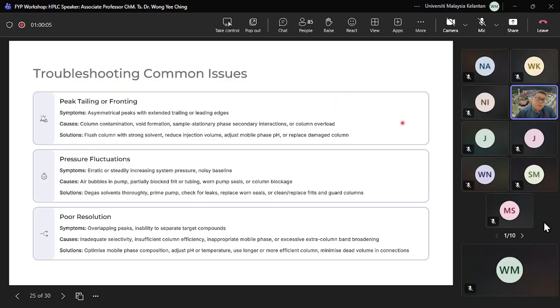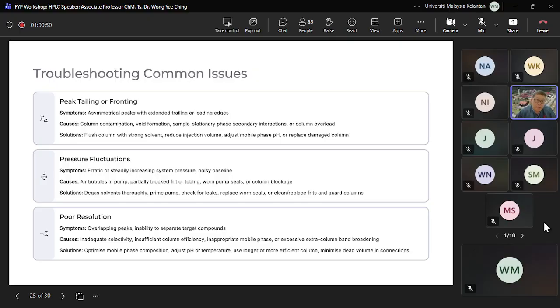This is caused by symptoms we can identify as asymmetry on the peak with extended trailing and leading edges. Most of the time, if you are getting this type of chromatogram, what causes the problem is basically that the column is contaminated.